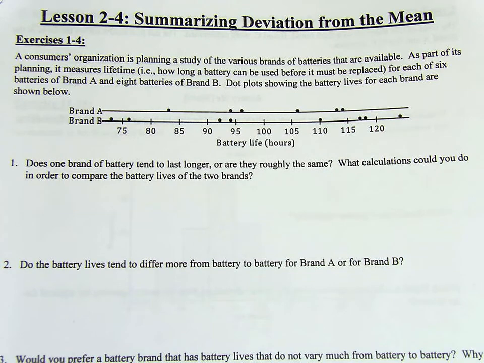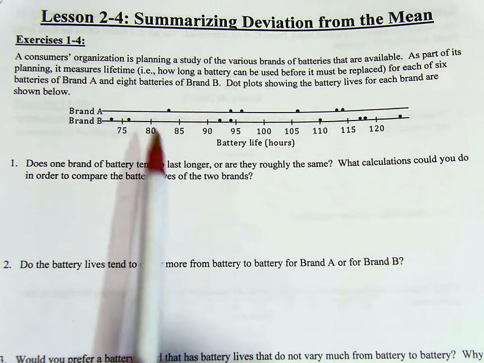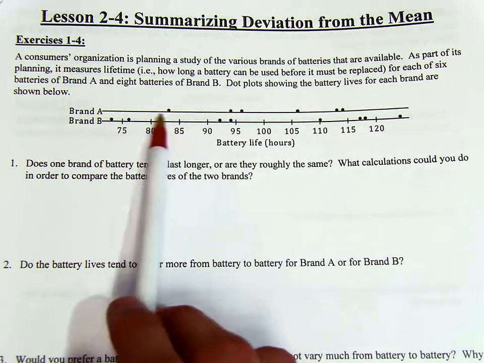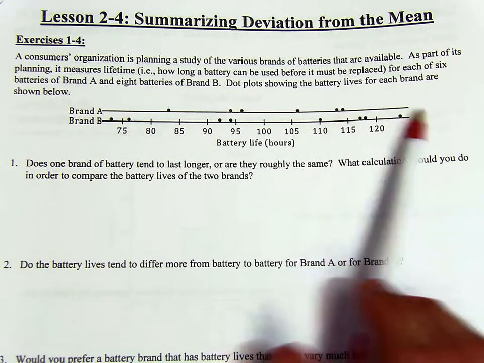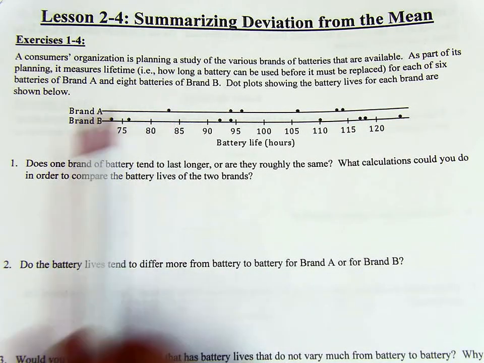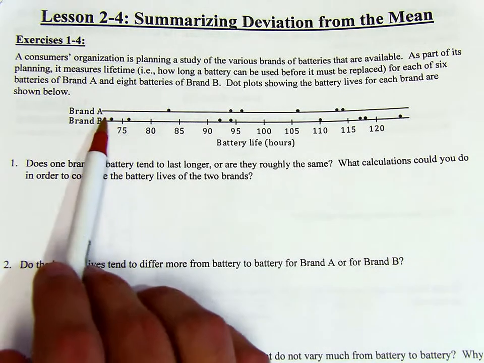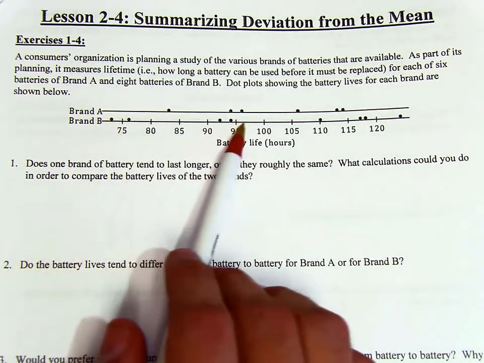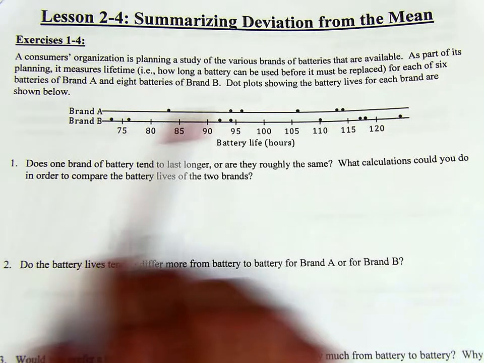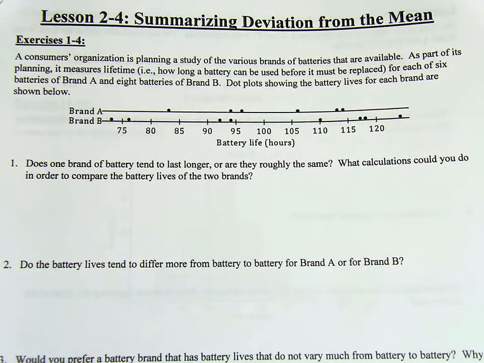So if we look at A and B here, there doesn't seem to be one that's really great and a bunch of data that's very low. So they seem to kind of follow a trend. So there's 2, 2, and then the rest. So it kind of seems to be scattered throughout from 75 to 120.